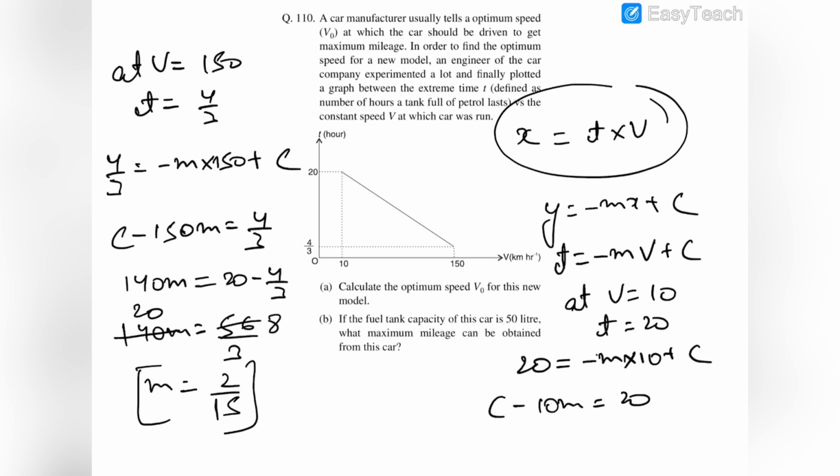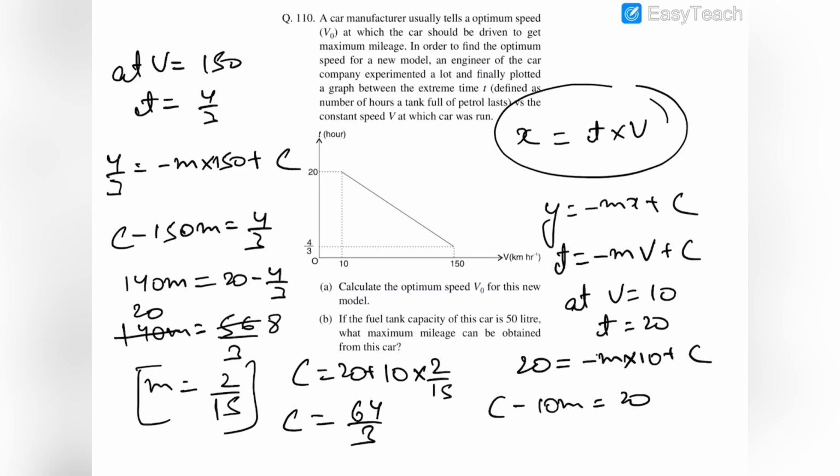And c will be equal to 20 plus 10m, and m is 2 by 15, so 10m is 4 by 3. 4 by 3 plus 20 is equal to 64 by 3. Okay, so m is 2 by 15 and c is 64 by 3.